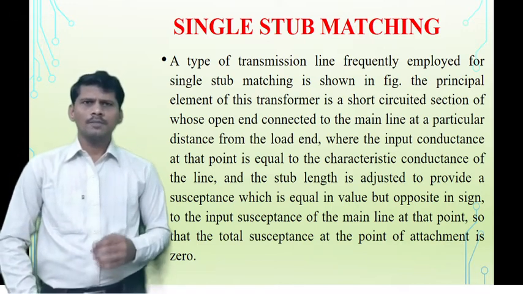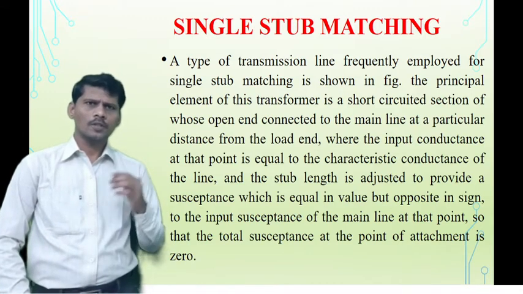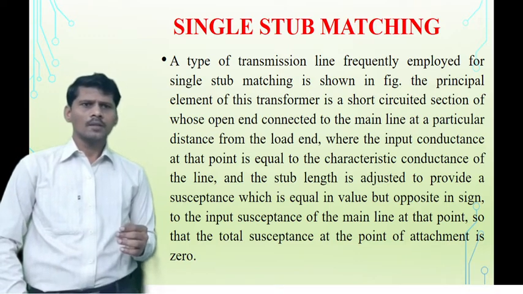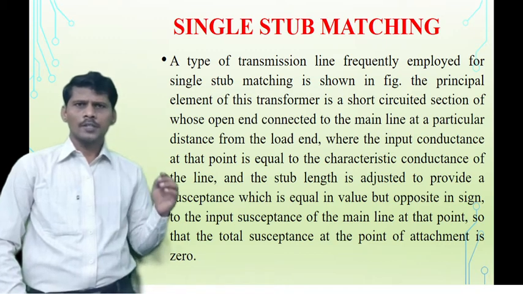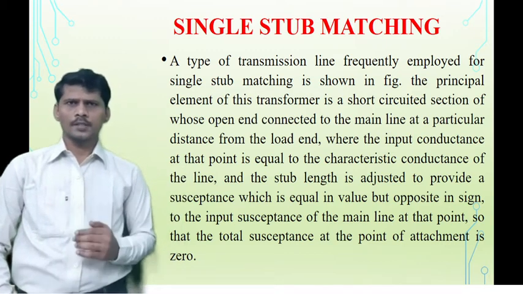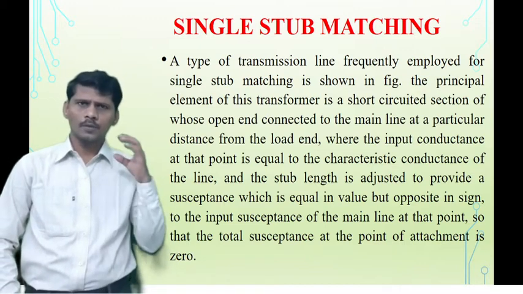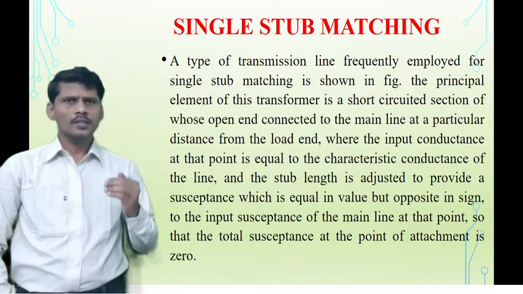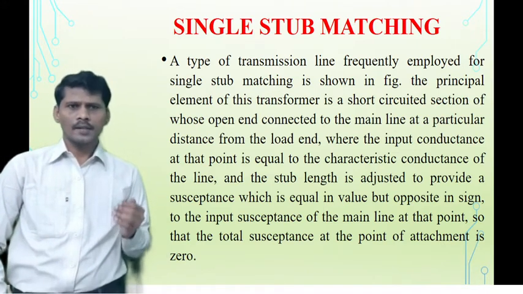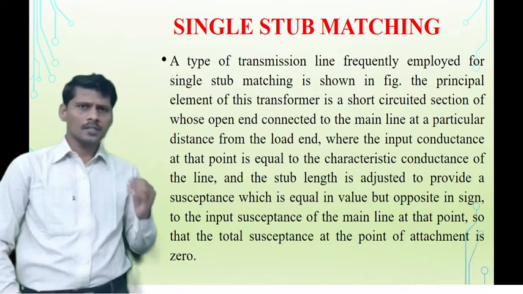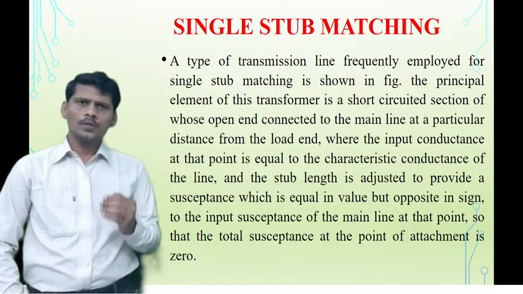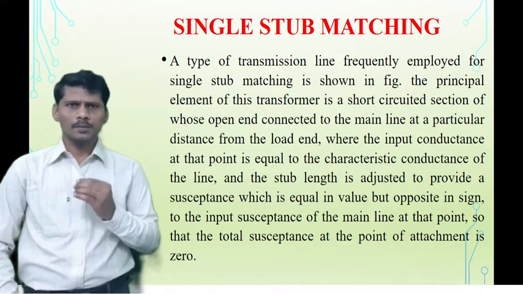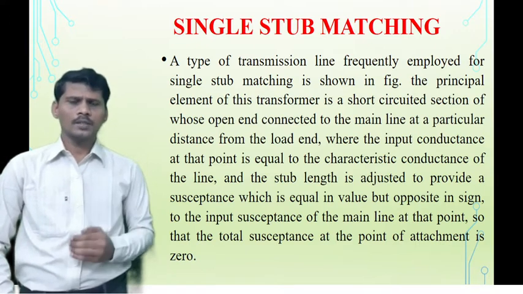The principal element of this arrangement is a short-circuited section of transmission line, whose open end is connected to the main transmission line at a particular distance from the load, where the input conductance is equal to the characteristic conductance of the main transmission line at that point, and the stub length is adjusted to provide a susceptance which is equal in value but opposite in sign to the input susceptance at the point of attachment.